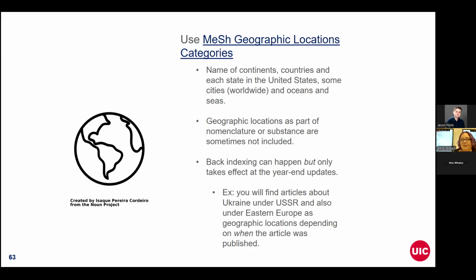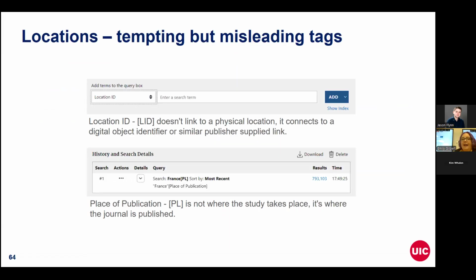I would say most of the time they are not precise. Another thing is that there is a location ID in the field tags, but that doesn't link to a physical location. And then place of publication is where the journal is published, not necessarily where the study took place.